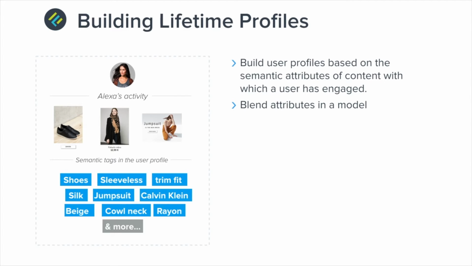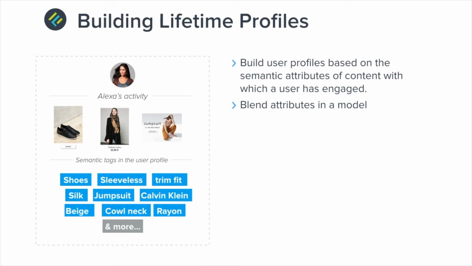I want to put emphasis on the attribute level data. What we mean by that is all of the data that describes what these pieces of content are about, because then that allows you to take these attributes and blend them in a model. And it's important to understand the different types of attributes in the model. Brand affinity might be long-lasting, while a click on a product might have its value atrophy very quickly. Things like size are also long-lasting.